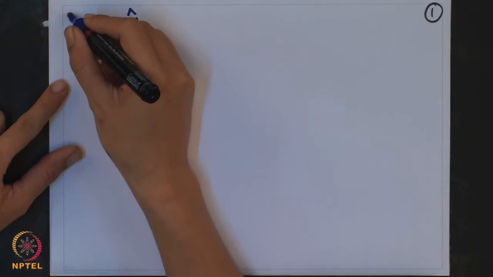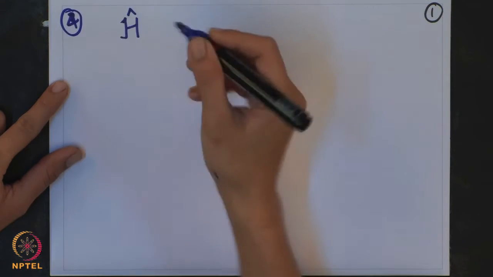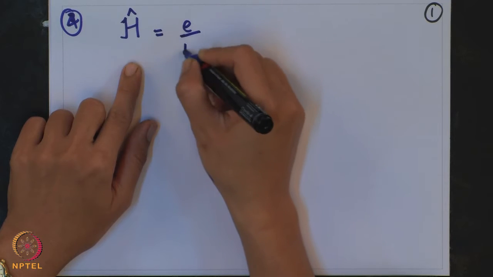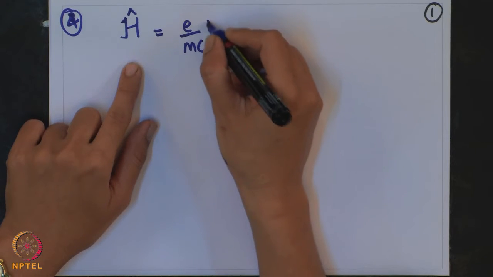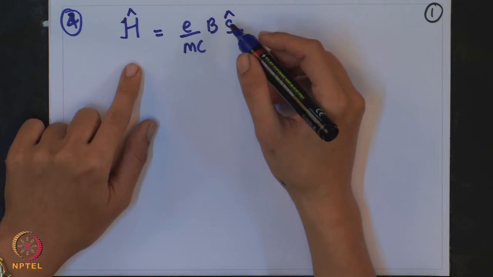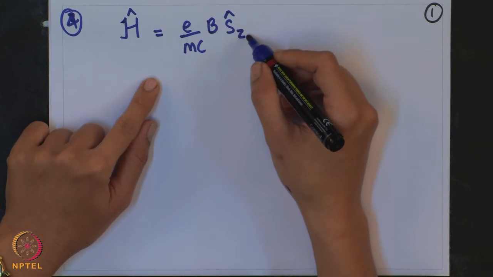The fourth problem is that the particle is subjected to a magnetic field along the z direction and it has some energy, with the Hamiltonian operator given to you as eB/mc times Sz, where B is the magnetic field along the z direction.